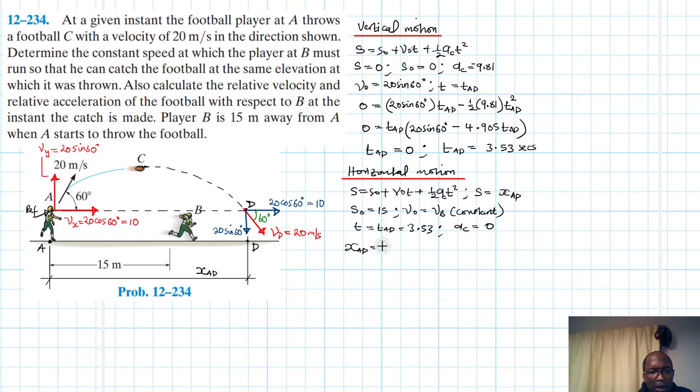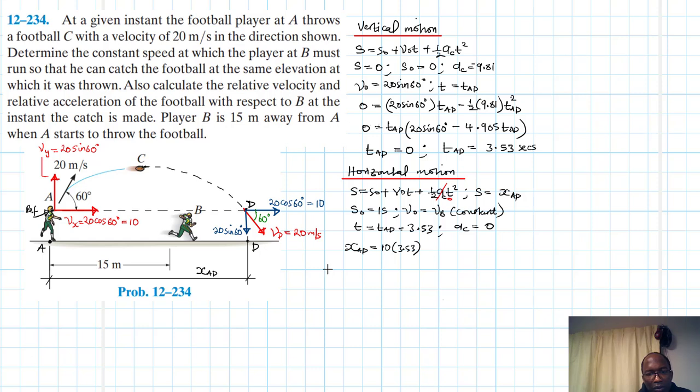And then we have v naught, which is 10 times the time, which is 3.53, right? Agree to this. This is our x naught, right? Okay, that part is 0.